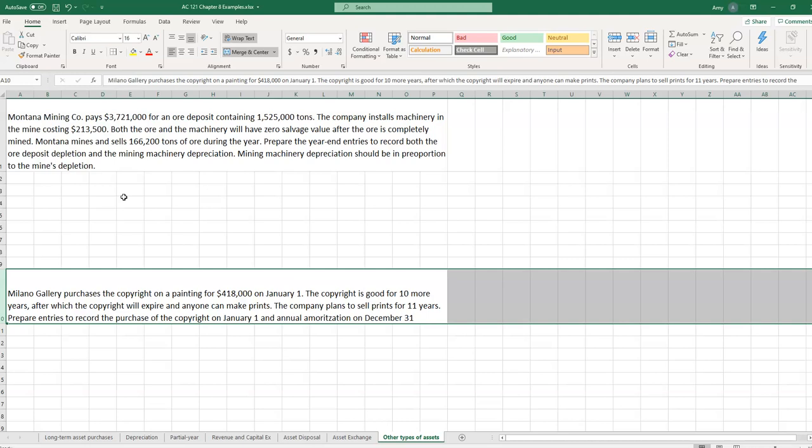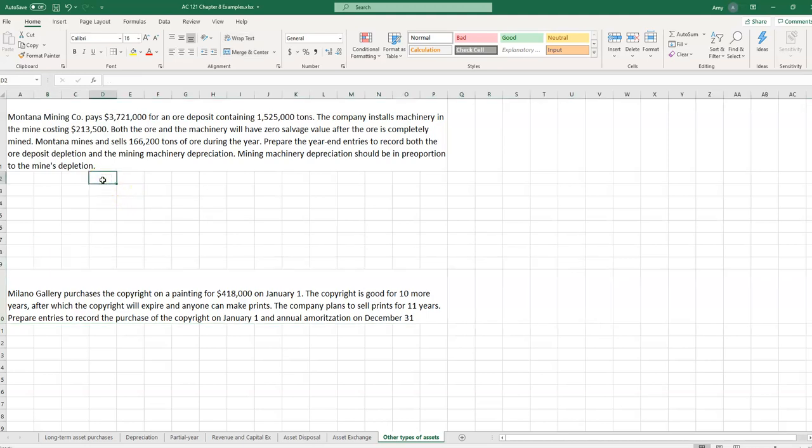So we have a mine, and it tells us that it has 0 salvage value, and we believe it's going to contain 1,525,000 tons of ore. So first, we're going to figure out what our depletion is.